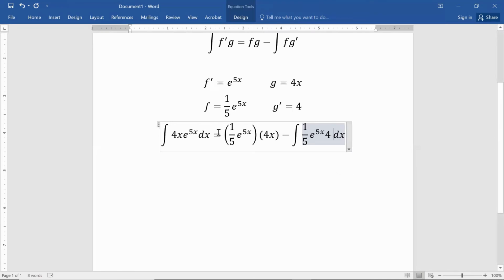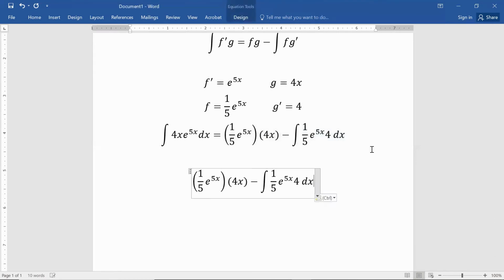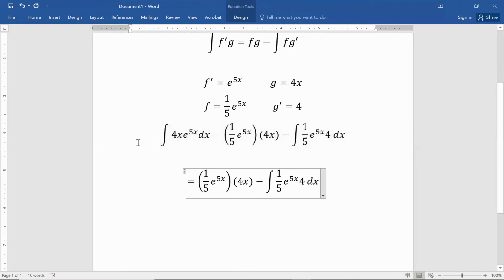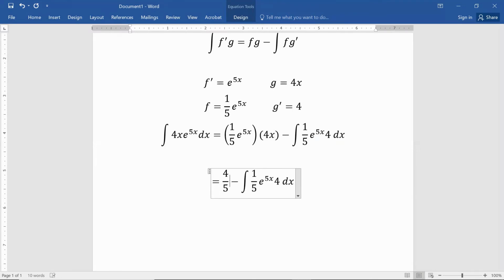I'm going to clean this expression up just a little bit and simplify it. 1/5 e to the 5x times 4x, I can call that 4/5 x times e to the 5x.